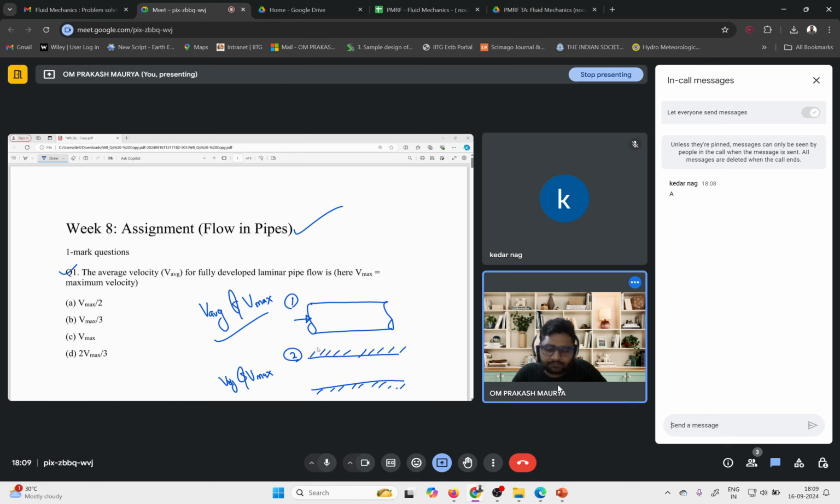Whatever I have drawn in the figure, a flow between two parallel plates, the maximum velocity and average velocity relation. I'll wait 1-2 minutes, then I will explain.